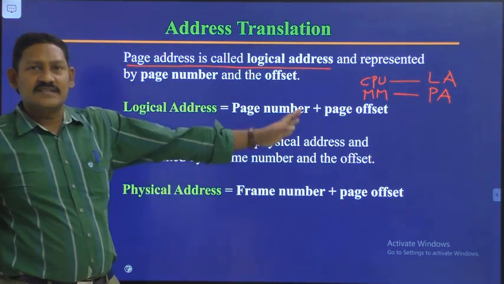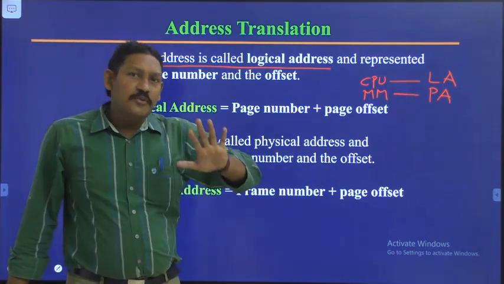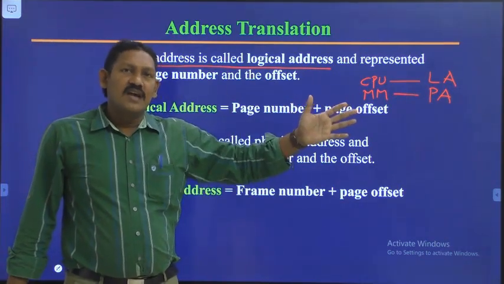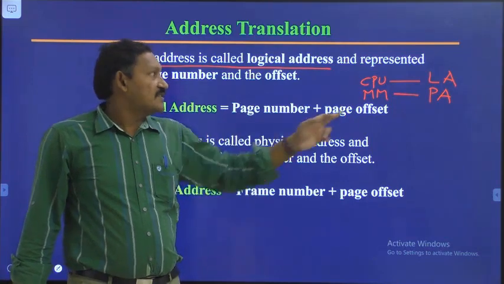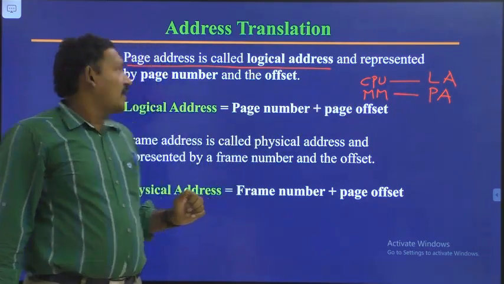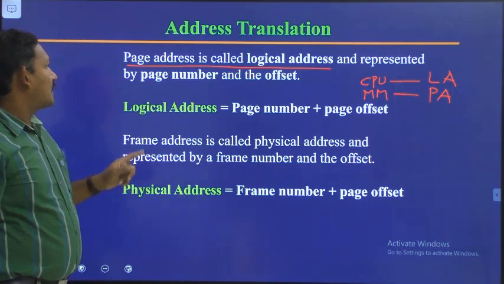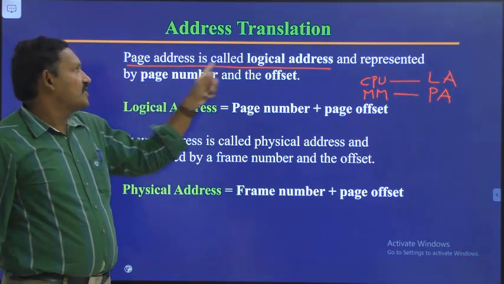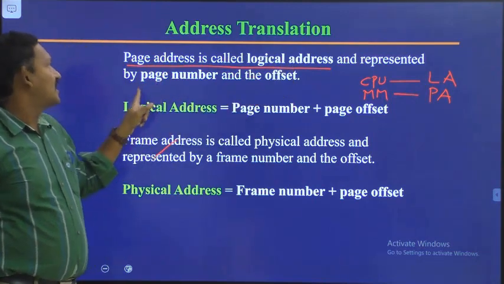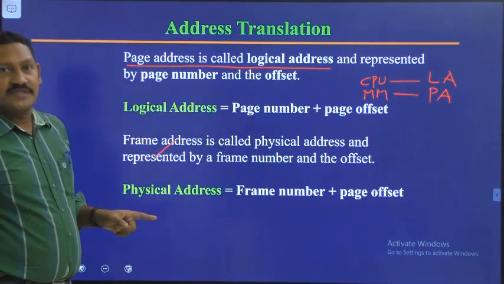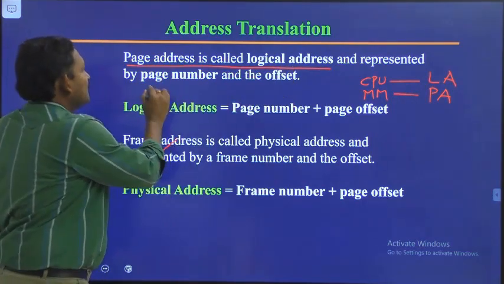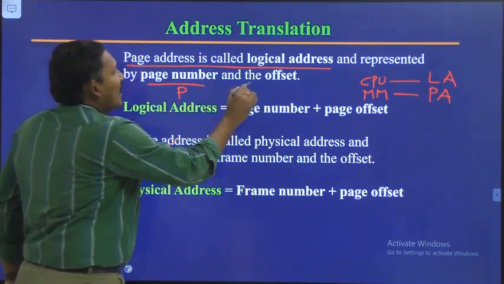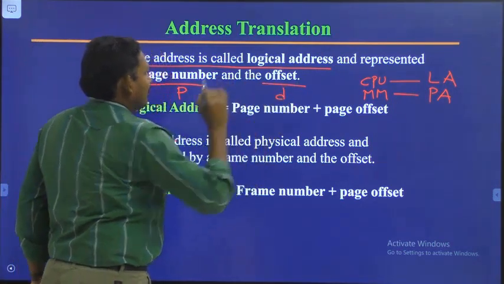This we have already discussed in the earlier classes. CPU specifies logical address and main memory specifies physical address. So the page address is called logical address, and it is specified by page number and the offset. Page number is specified with P, and the offset is specified with D.